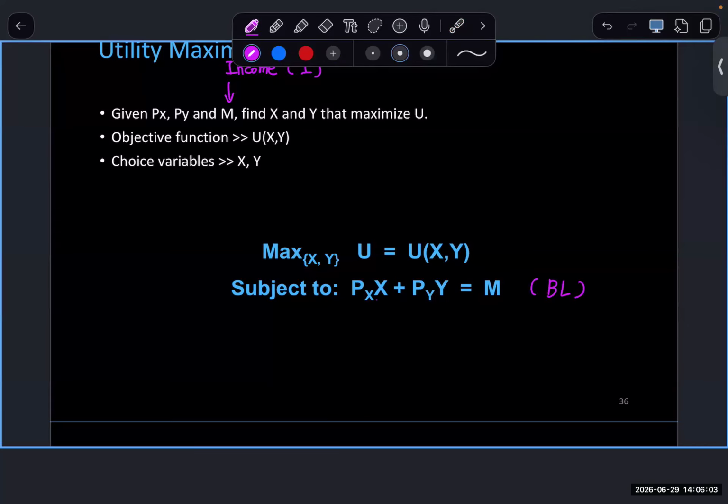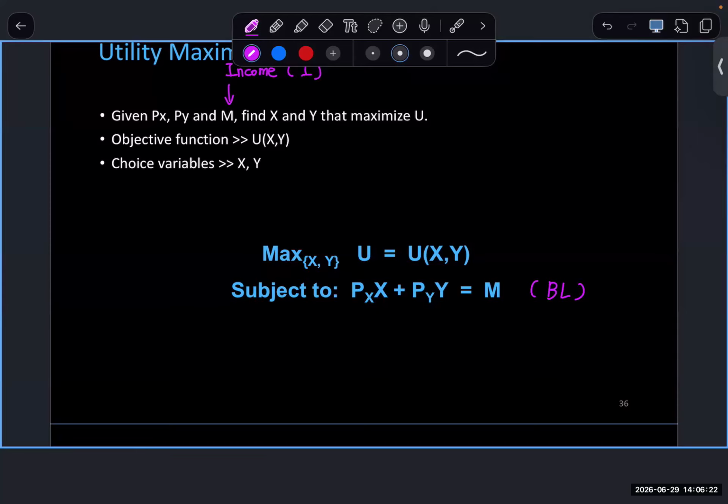Have you learned about the method to solve this kind of optimization? Basically, in microeconomics, we want to optimize. For the consumer, we want to optimize the utility. For the producer, we want to minimize the cost, right? So it's about optimization, and we are going to use the math tool.